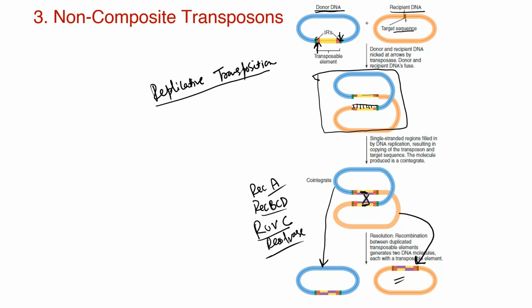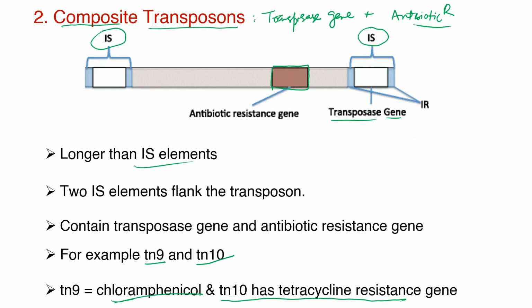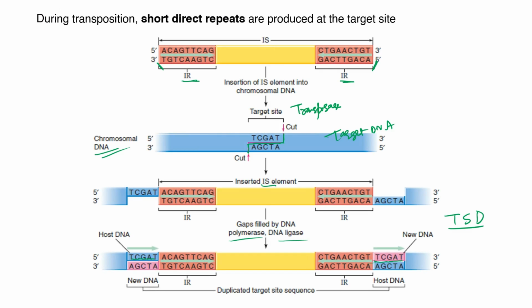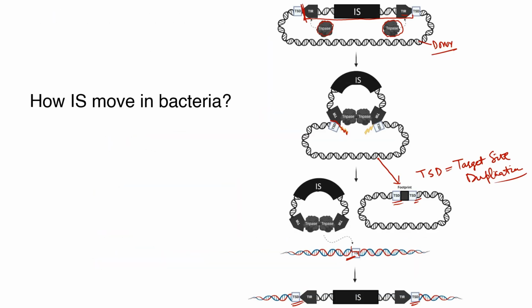There is another kind of mechanism which contrasts with this, that is called non-replicative, which we already saw in the case of composite insertion sequences, where the insertion sequence is excised from the donor DNA and taken into the target DNA.